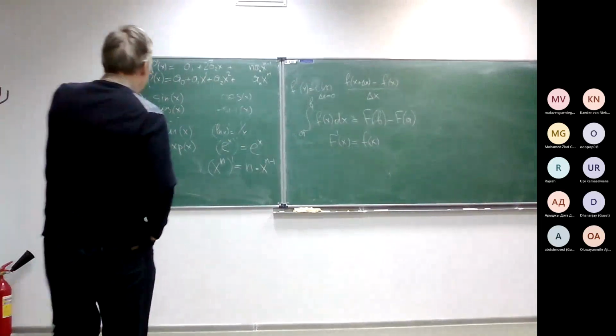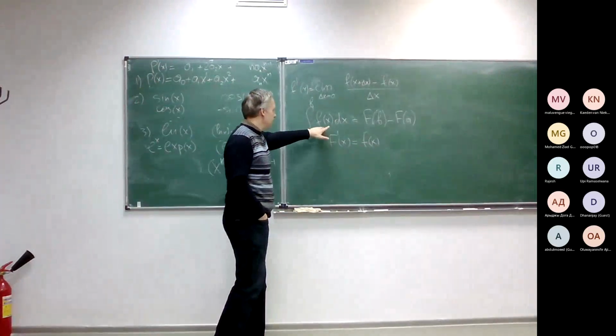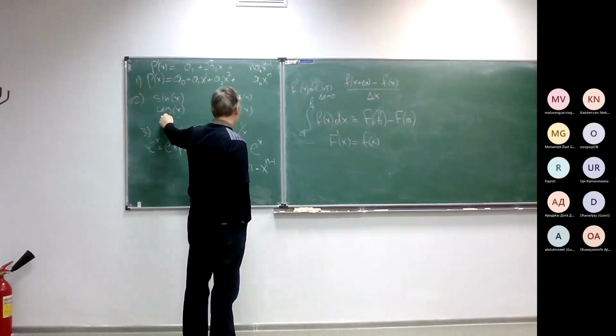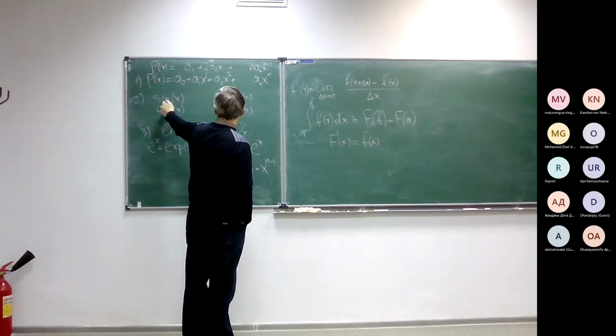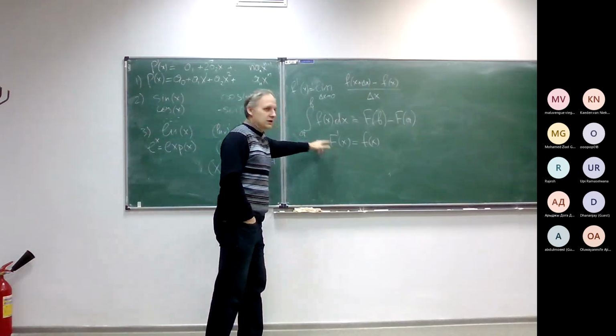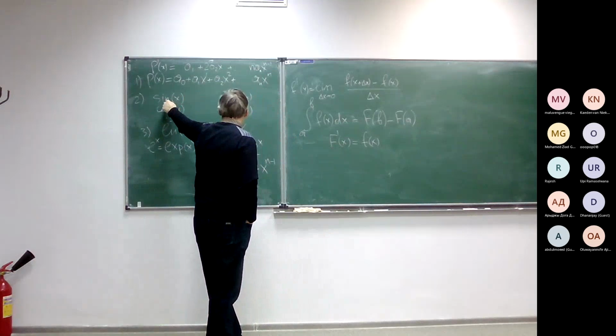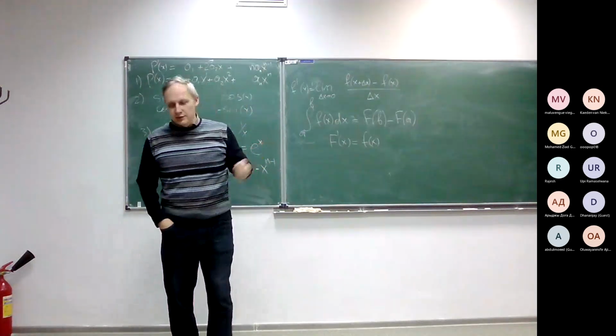If f equals cosine, then we use sine, because the derivative of sine equals cosine.